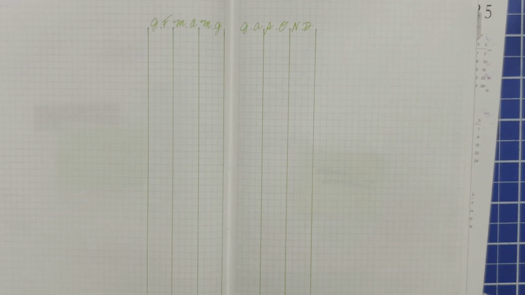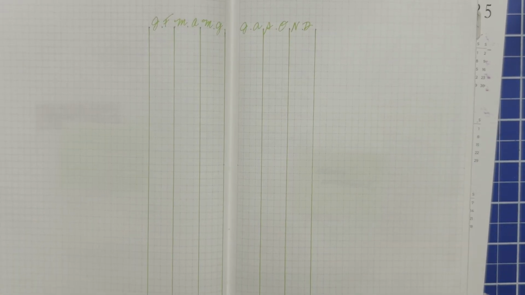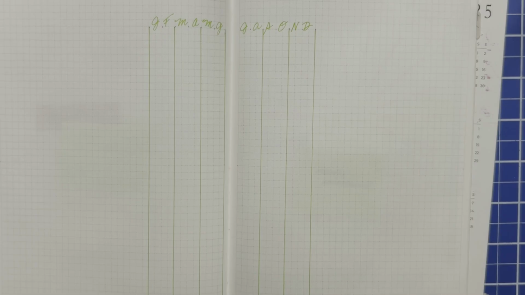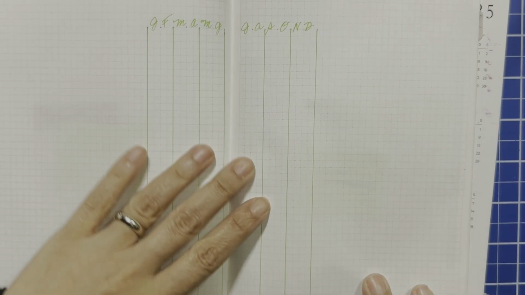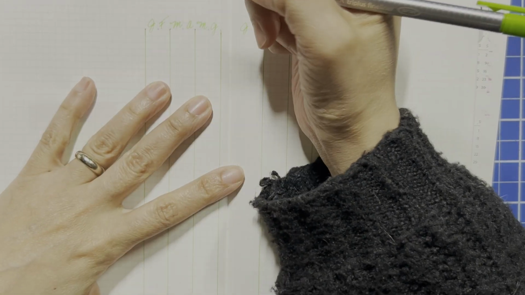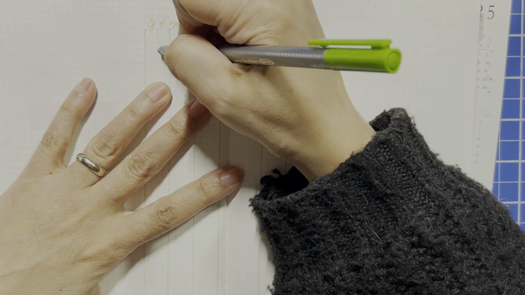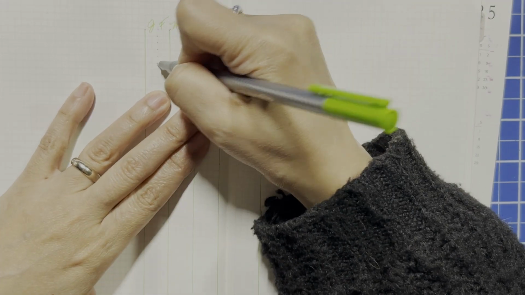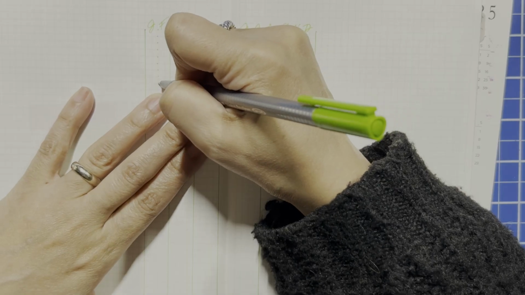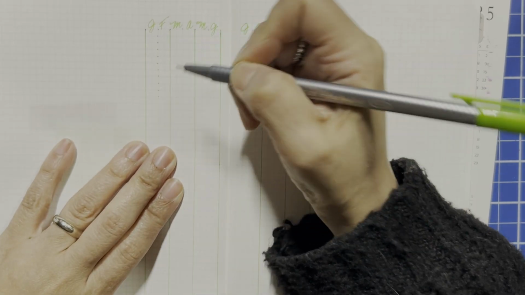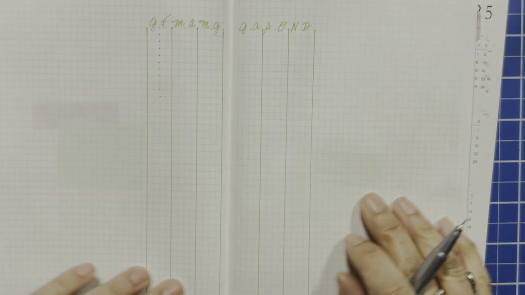Okay, so we have made our green lines, and what I plan on doing is just having a dot. Instead of it being a line, it's just going to be a dot, and it's going to go all the way down.